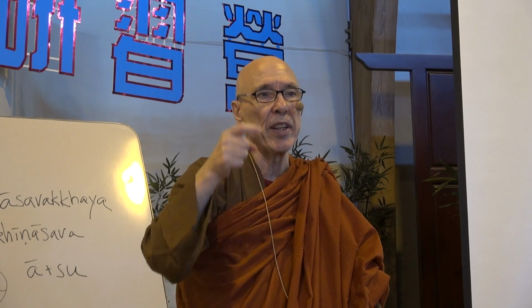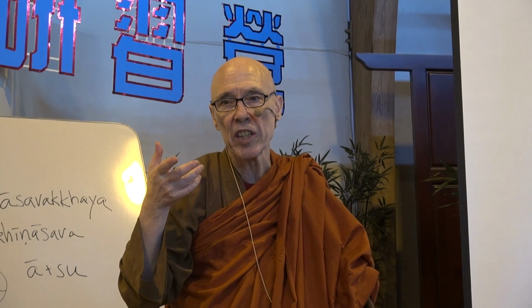So you see we have here three mental factors which turn into four asavas. One mental factor of greed takes on two manifestations: the asava of sensual desire and the asava of craving for existence. Then the one mental factor of wrong view becomes the asava of wrong view, and the mental factor of delusion is identical with ignorance.